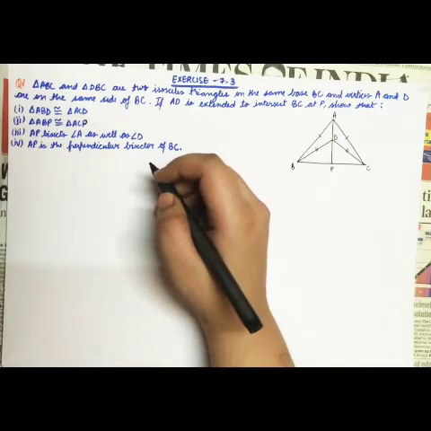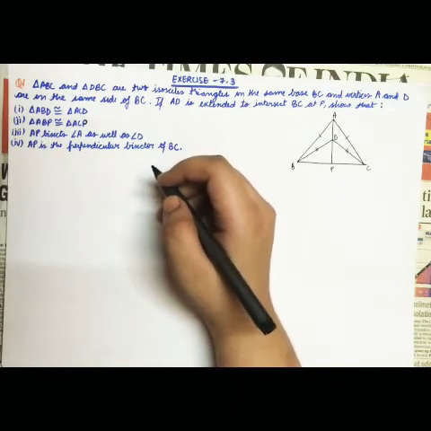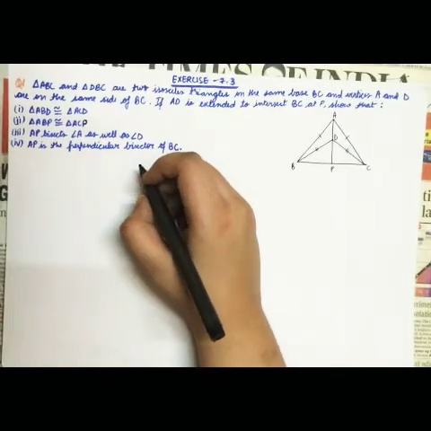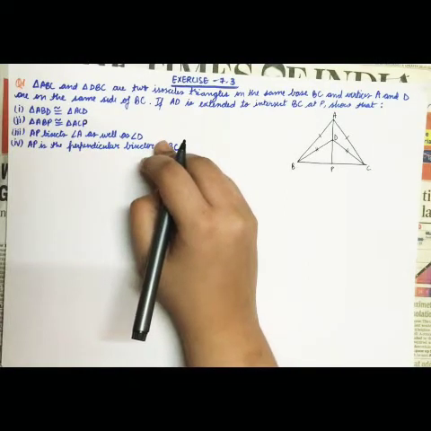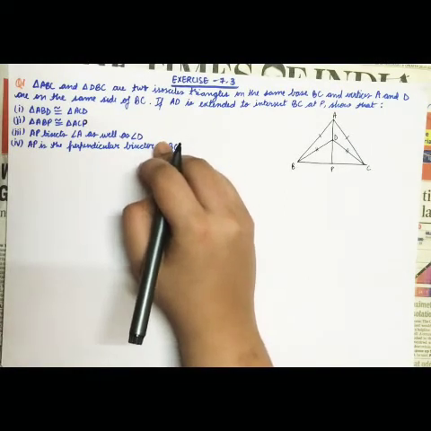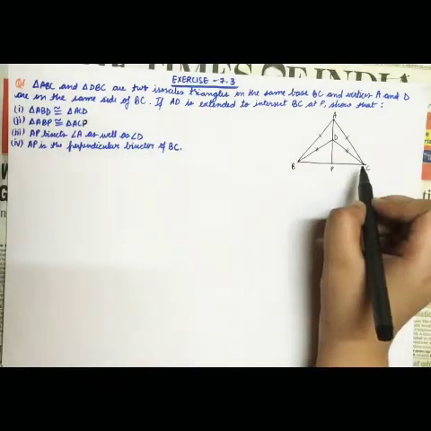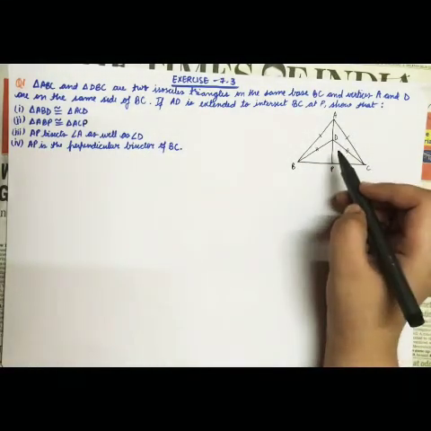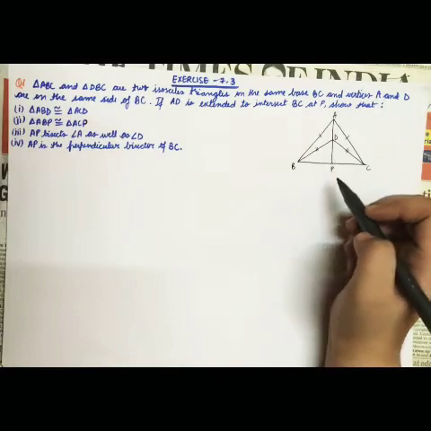Now exercise 7.3, question number 1. Triangle ABC and triangle DBC are two isosceles triangles on the same base BC, and vertices A and D are on the same side of BC.